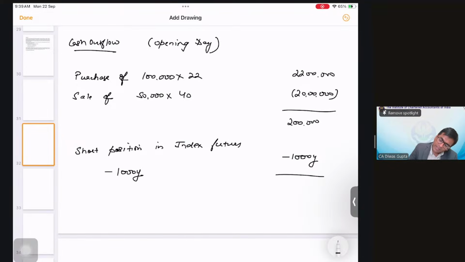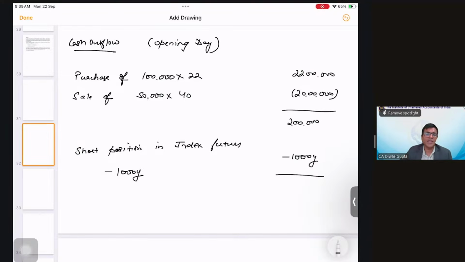See, I'll tell you why we are taking this. Although it's not a cash outflow on day one, right? On day zero, it's not a cash outflow. Any index futures you purchase. But why we are taking here is because we have to capture the price movements into our net cash inflow outflow after we square off all the positions.